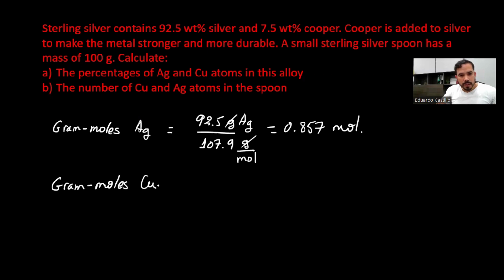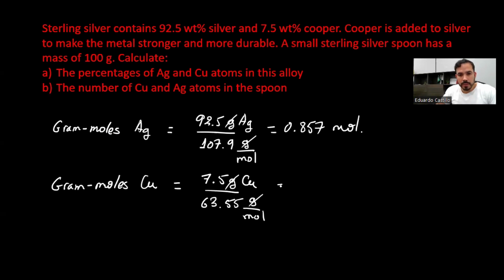And we also need the gram moles of copper. In this case, we have only 7.5 grams of copper because the spoon has 100 grams and this is 7.5%. So it would be 7.5 grams of copper divided by the atomic weight, which is 63.55 grams per mole.